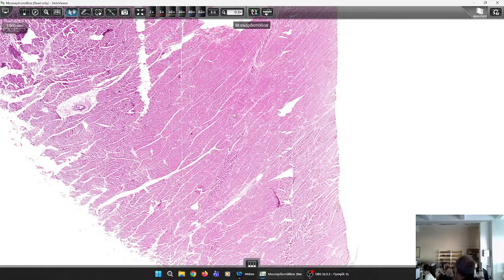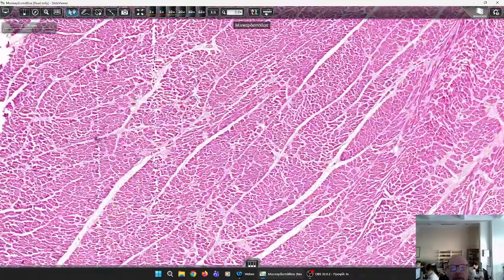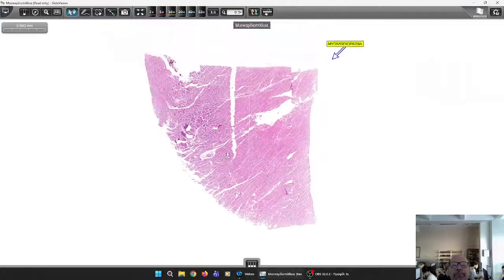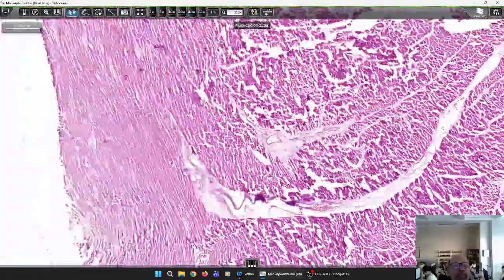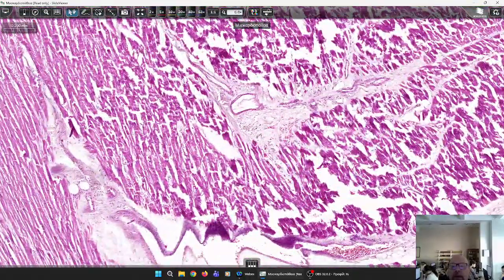That's why this entity, hypertrophic myocardiopathy, is related to syncopal episodes, mainly in young athletes during stress in a game. So this is hypertrophic myocardiopathy. Here is an area of fibrosis.